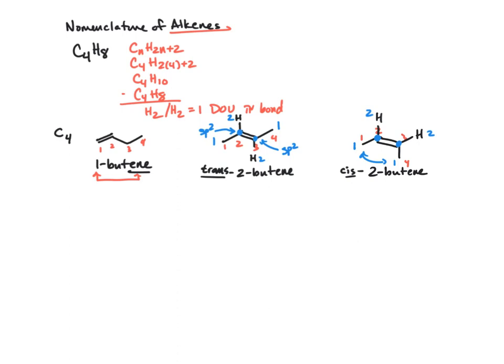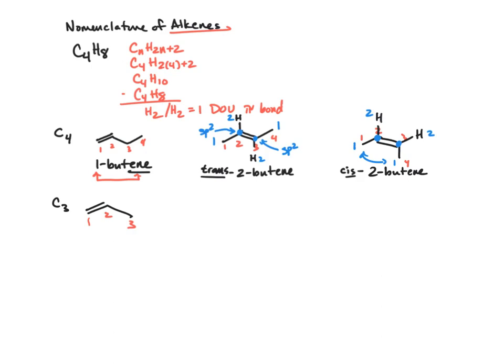So let's go back down to the C3 chain. Now again, we're going to draw 3 carbons. I'm going to number them 1, 2, 3. So I'm going to put the pi bond between carbons 1 and 2. So this is going to be a propene derivative.